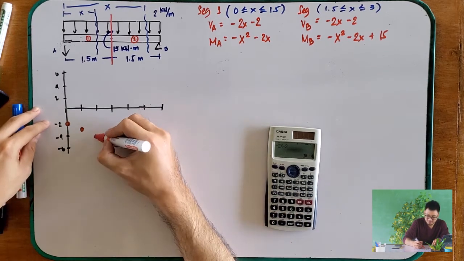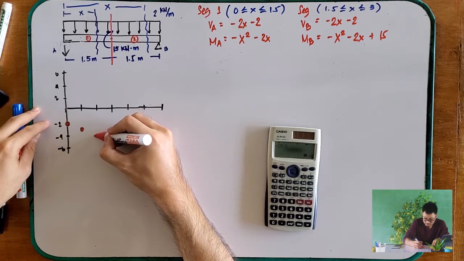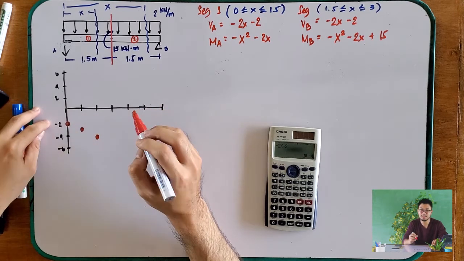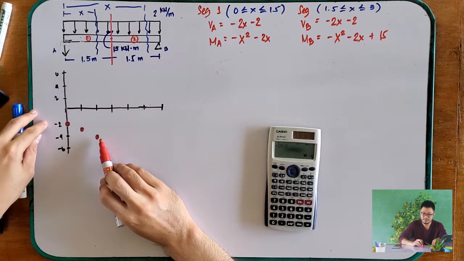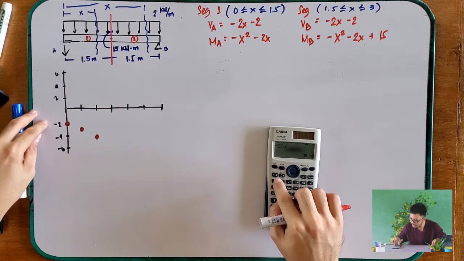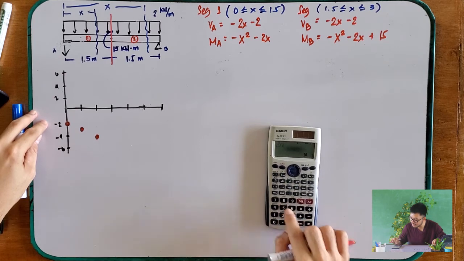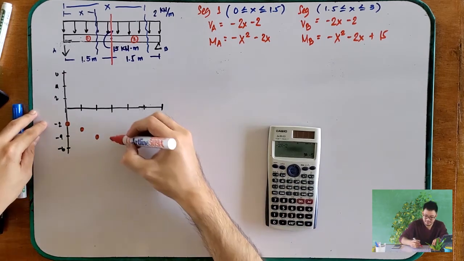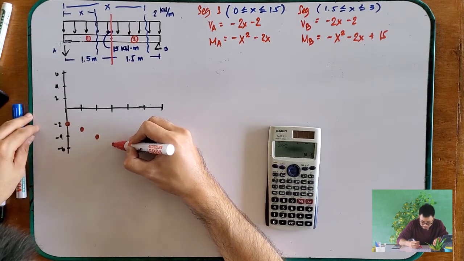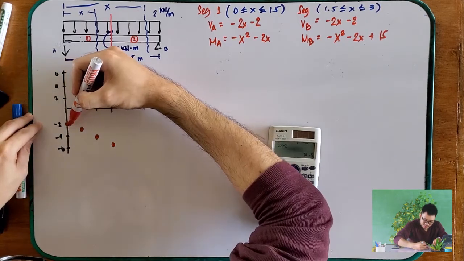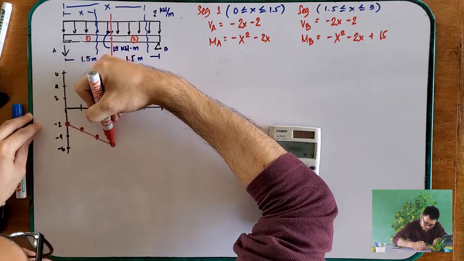Then that is negative 4. So, of course, this is linear. It will create a straight line. And then, if your x is 1.5, that is negative 5. Okay, this one creates a straight line.